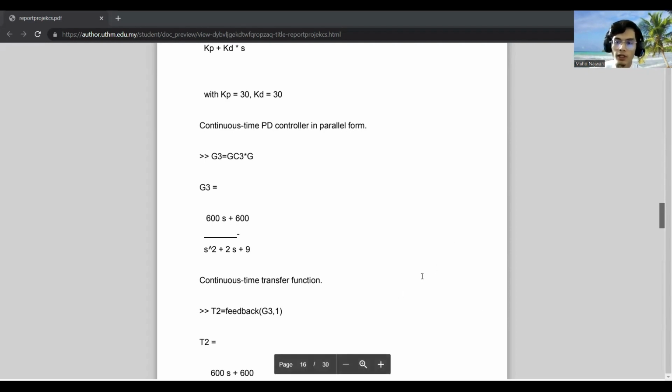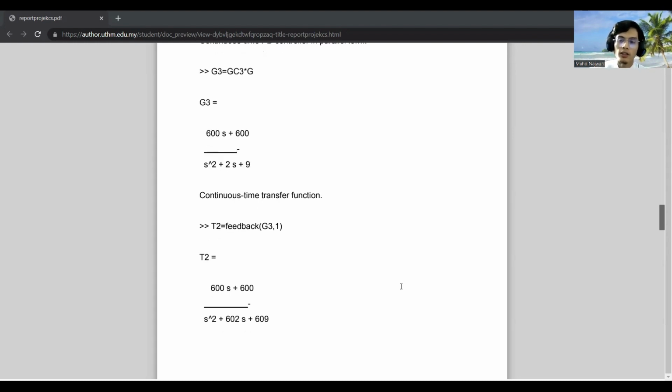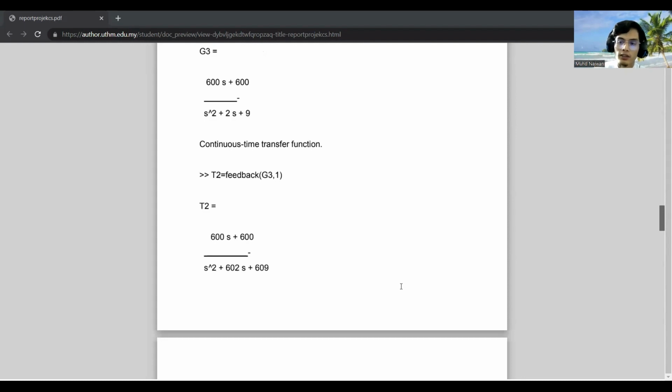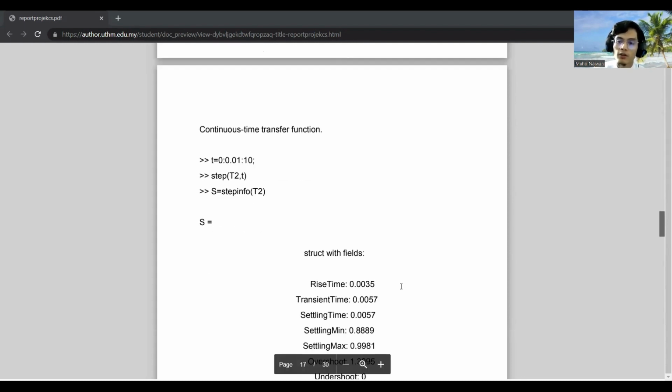So for the feedback, I declare it as T2, which is T2 equal feedback G3 and 1. So the answer I get 600S plus 600 over S square plus 602S plus 609. So that's for the transfer function.